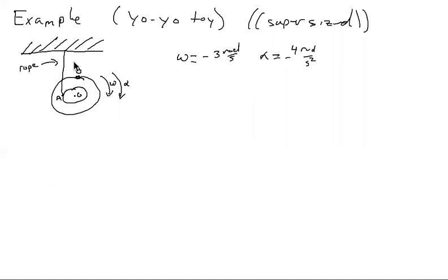So the idea is you have a yo-yo, or a wheel with two radii, and then you have a rope that's wound around the smaller one. The contact point here is going to be point A, and we have this point up on the very top of the wheel.